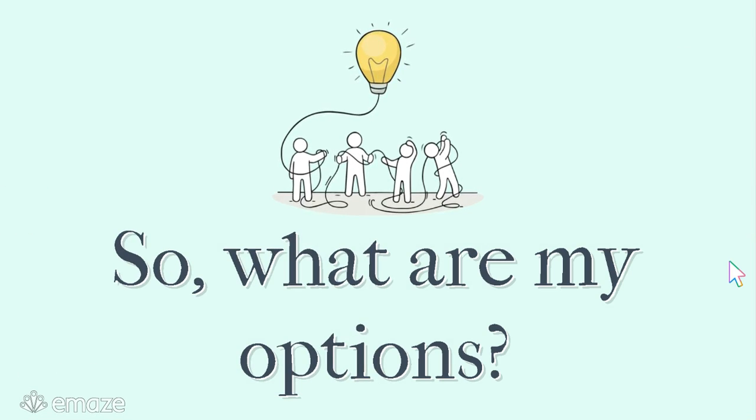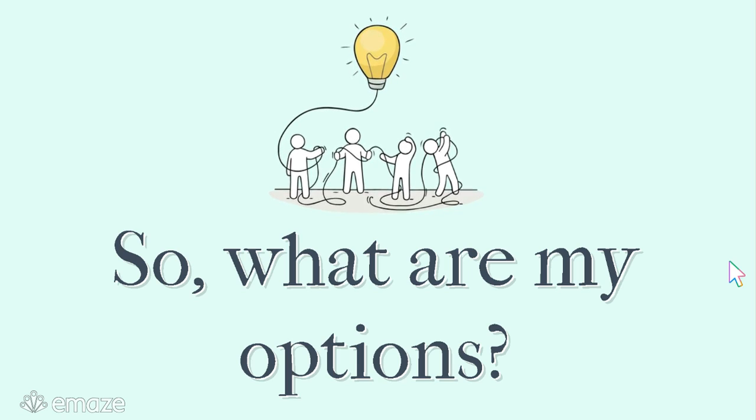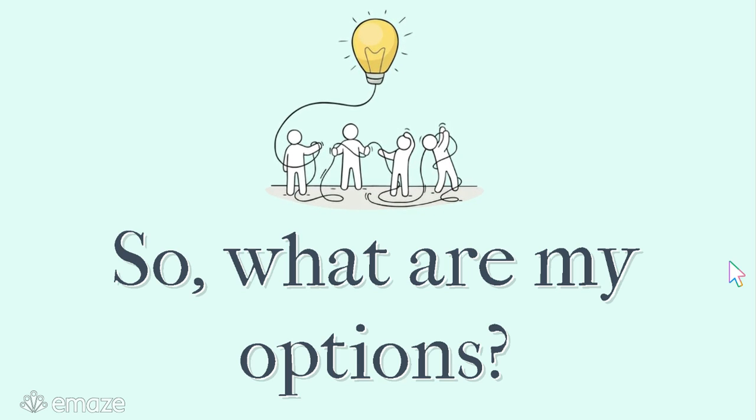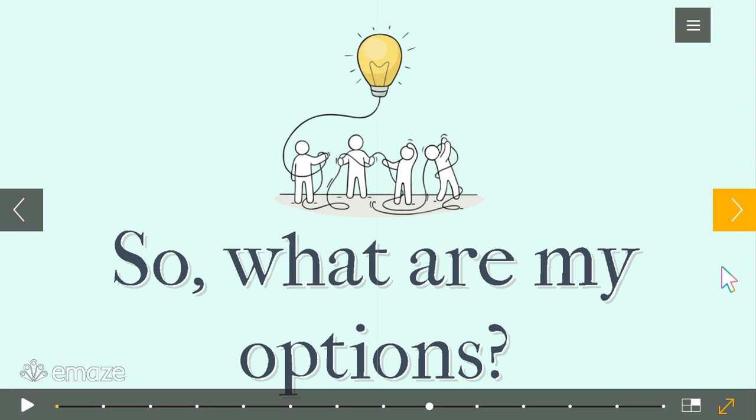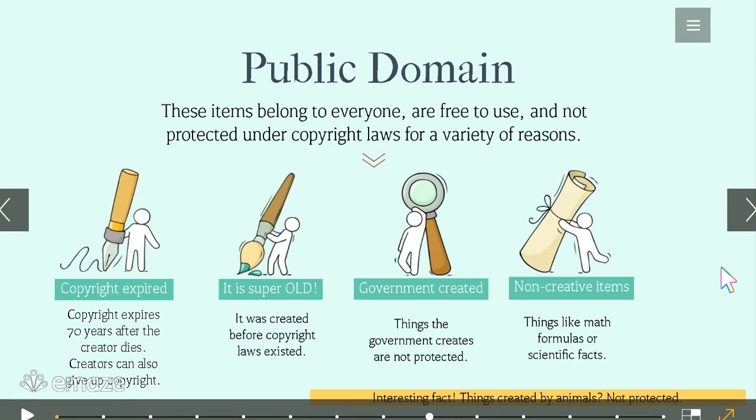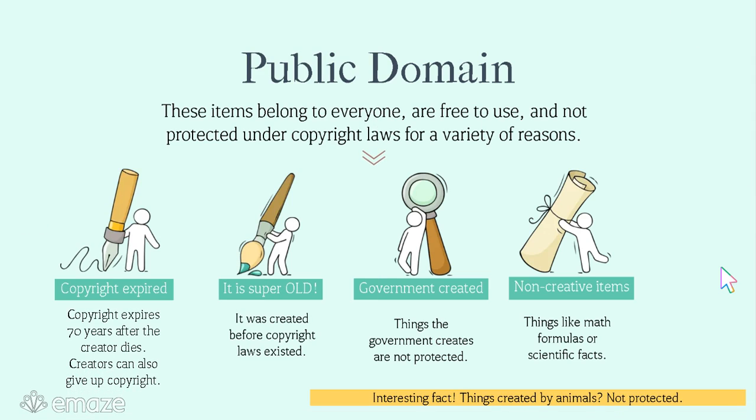So, what are your options? When you're doing a project, how can you find images, use music, videos, and create things without breaking copyright rules? Well, one way is the public domain. These items belong to everyone, everywhere, and they're free to use. They're not protected under any copyright laws for a variety of reasons. One reason might be because the copyright has expired.